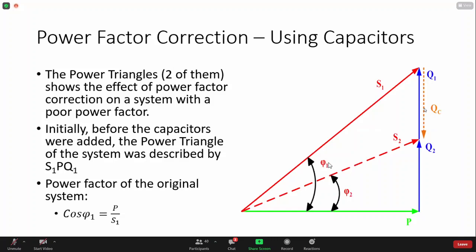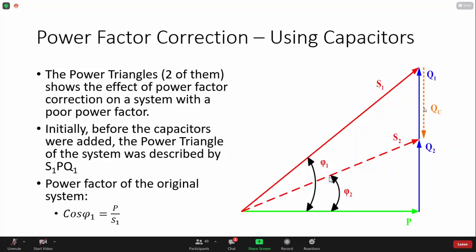So the power factor angle was phi1 for that original system. Now after you do your power factor correction by adding some capacitive reactance, you end up with this smaller triangle described by S2, P, Q2.